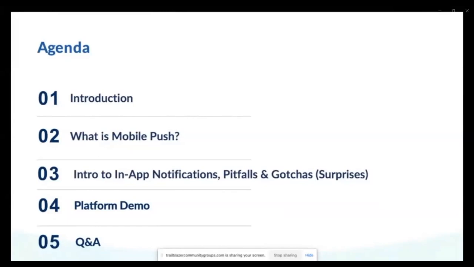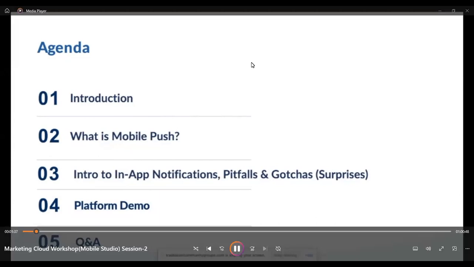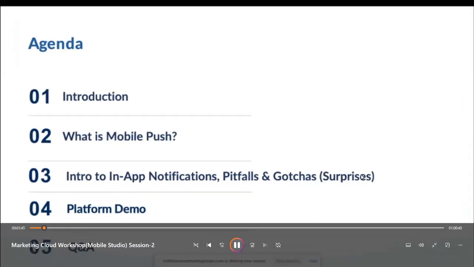After that, we can go through the in-app notifications, and the pitfalls and surprises we normally see in day-to-day life. After that, we can go with a platform demo of how we can set up the in-app messages, how the configuration works, and what surprising elements you can see. And are there any custom notifications or custom journey activities that we can build? And if there are any questions and answers, I'm happy to help you out.